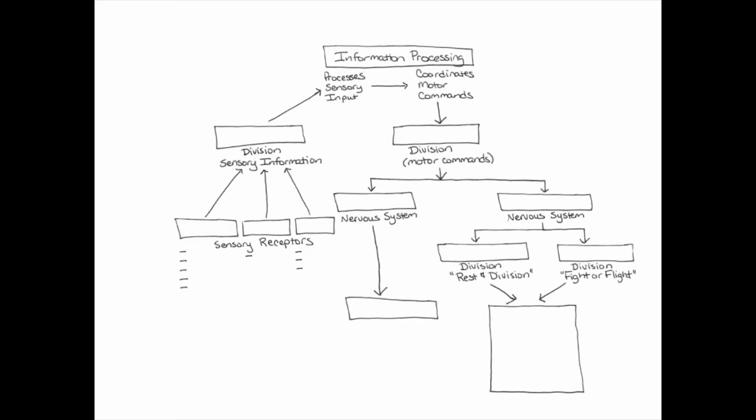What we call an effector. And this is where we get a little bit of a division, because the efferent division actually has two different subdivisions. One is called the somatic nervous system, and the other one is called the autonomic nervous system.